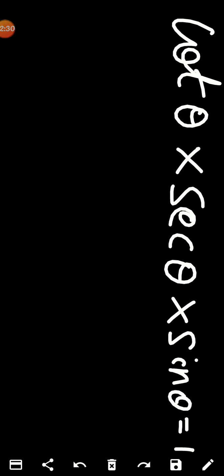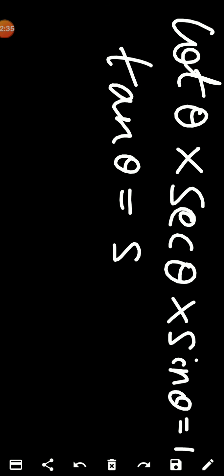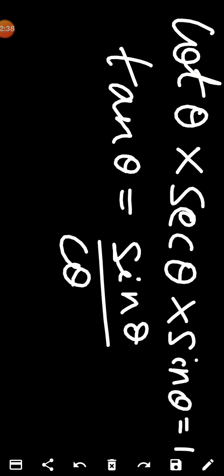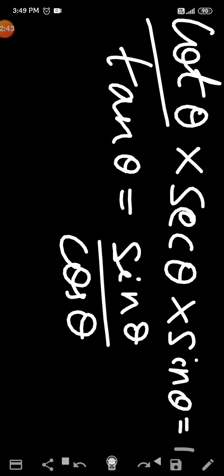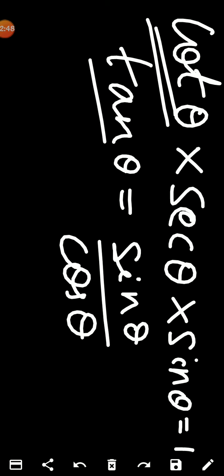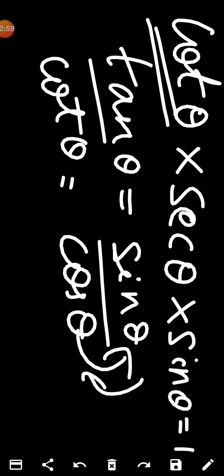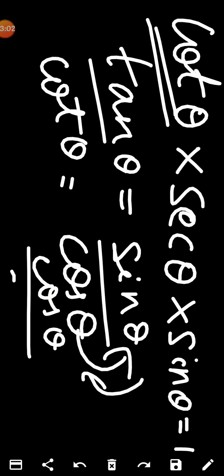Now tan theta is equal to sine theta by cos theta, and cot theta is the reciprocal of tan theta. So what's the value of cot theta in terms of sine and cos? It is the reciprocal of this fraction, that is cos theta by sine theta. So the value of cot theta is equal to cos theta over sine theta.